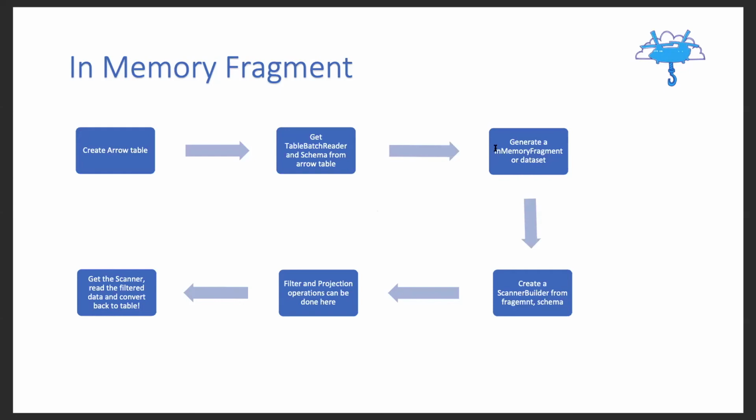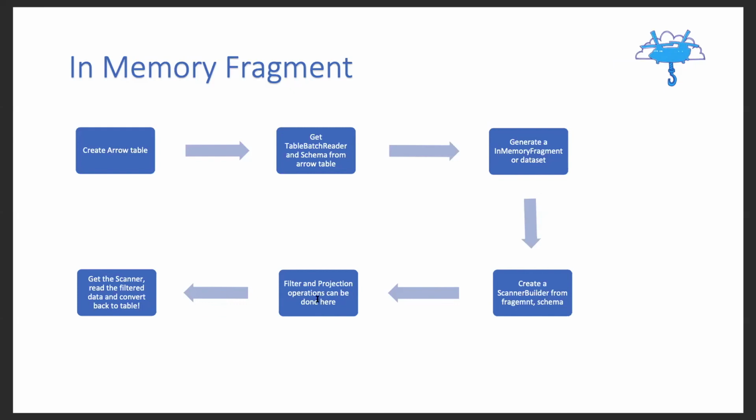This in-memory fragment or dataset is very useful for us because later we can create a scanner with filter and projection operations. We create a scanner builder, a factory class to build a scanner class, and inside the scanner builder we can call the filter and the projection, and this is what we want to use for the Skyhook development.